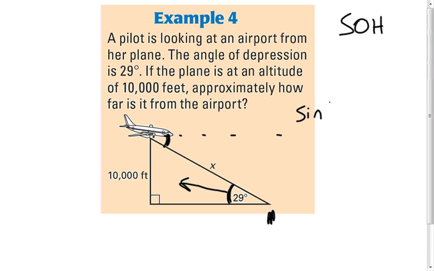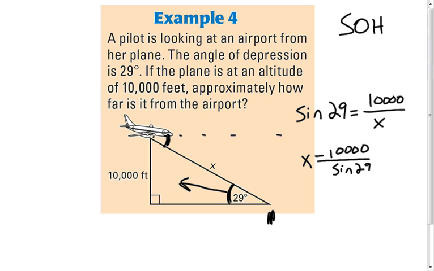That's the sine of 29 degrees is equal to the opposite, which is 10,000 feet, over X. So that means that X is equal to 10,000 divided by the sine of 29. So if you do 10,000 divided by sine of 29, you get approximately 20,627 feet is her distance from the airport.